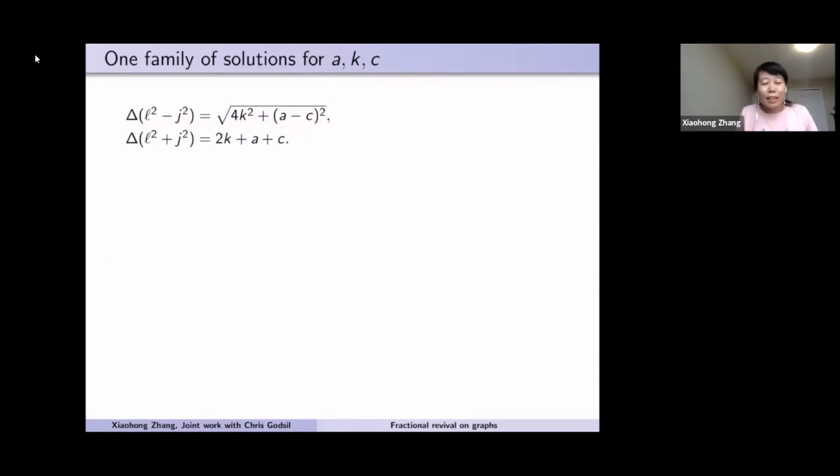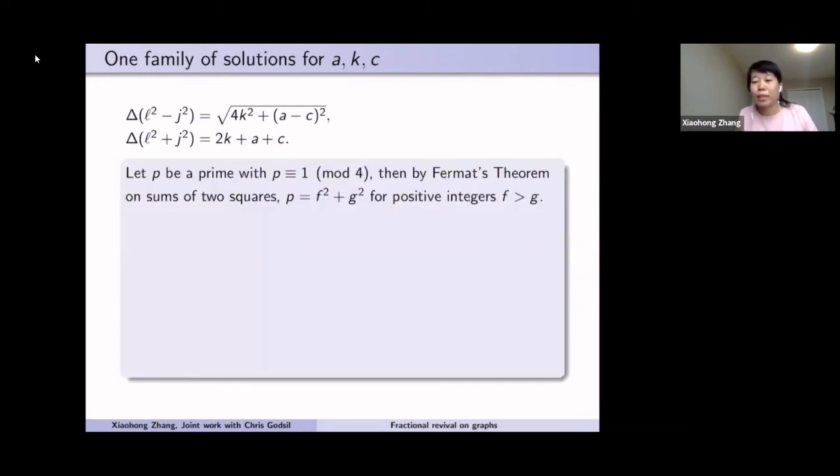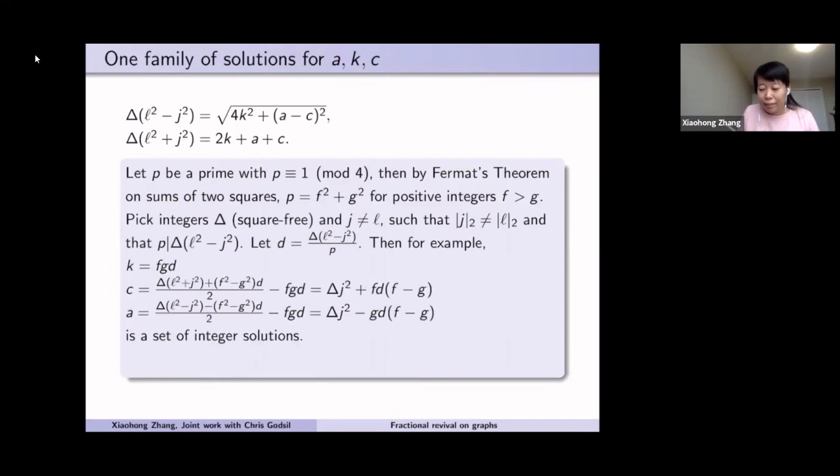One result we can make use of is Fermat's theorem, which tells us if P is a prime congruent to 1 modulo 4, then it can be written as a sum of 2 squares. Making use of this, we can start picking some square-free numbers delta or G and L.